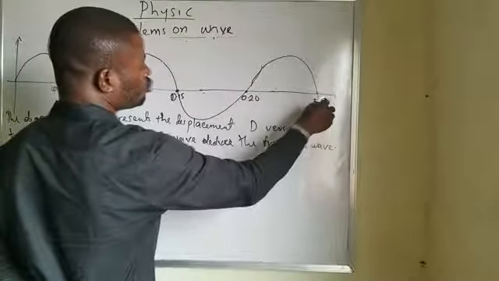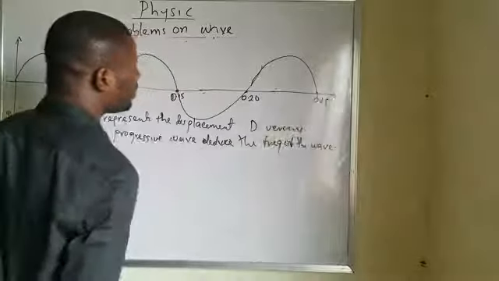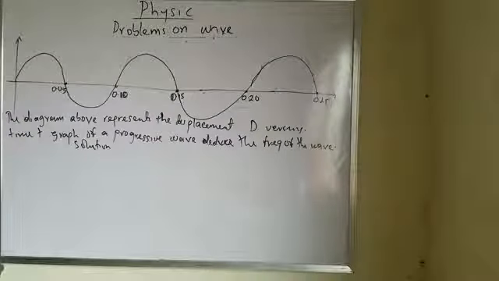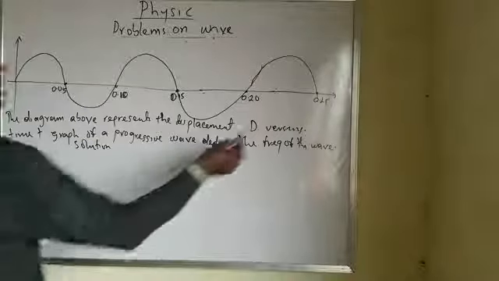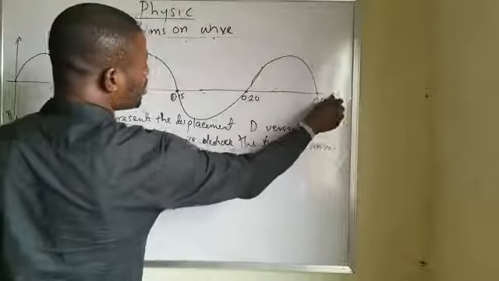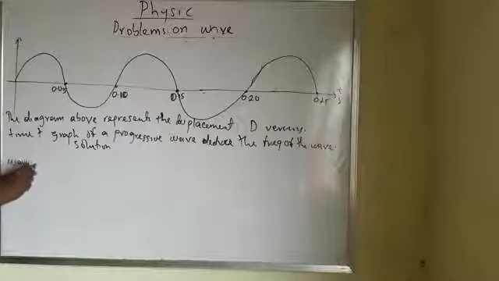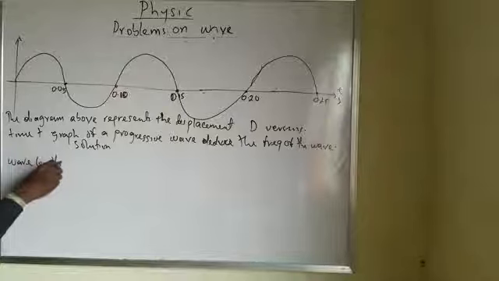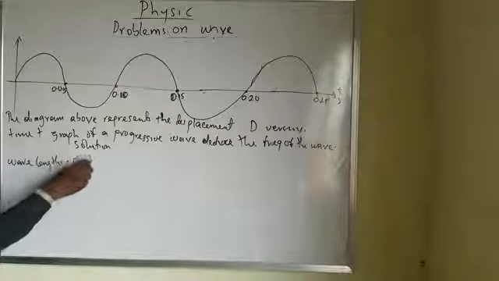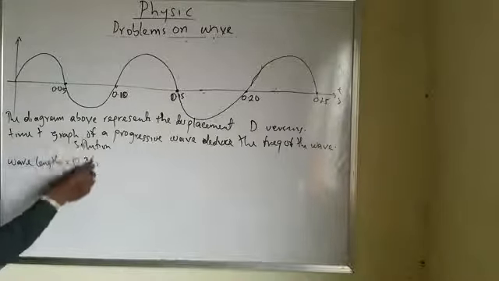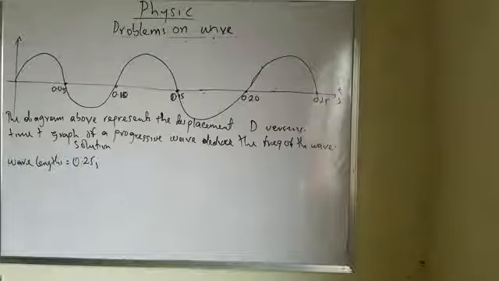This is going to be 0.25. These are seconds, measuring time. It means everything there will be time. It means my wavelength equals 0.25 seconds.